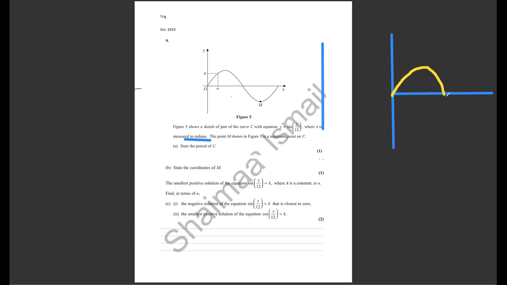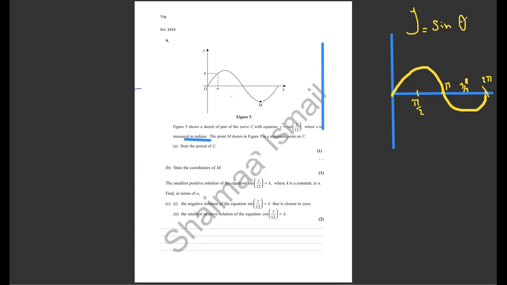Normally, like a simple one, here it will be pi over 2, and here pi, 3 over 2 pi, and 2 pi. The last one here would be 2 pi. But that's normally, and this is for y equal to sine theta.